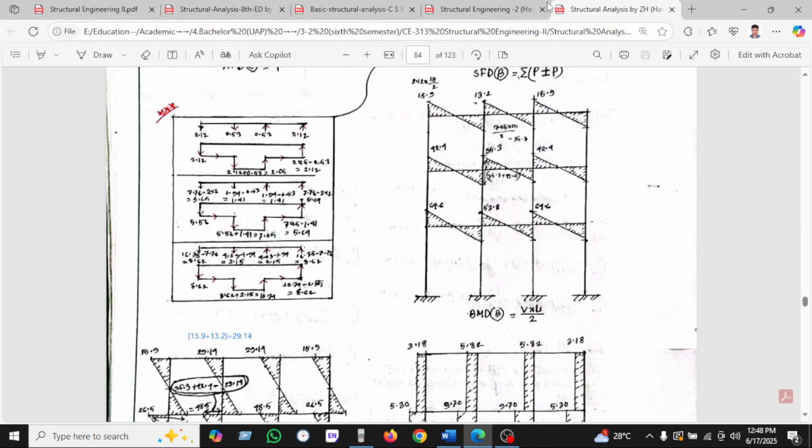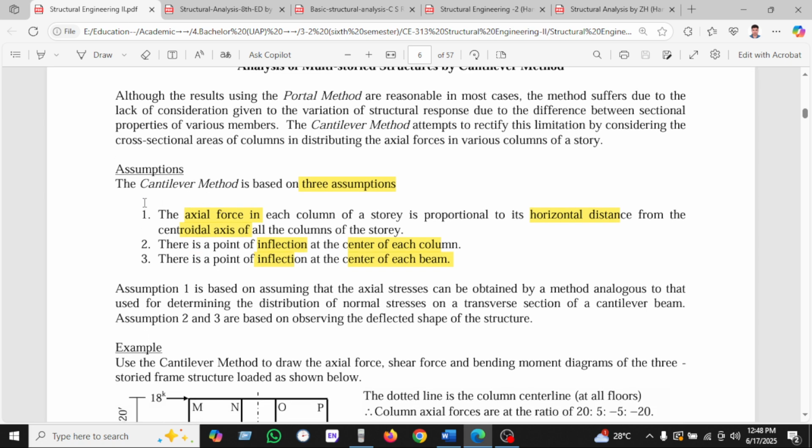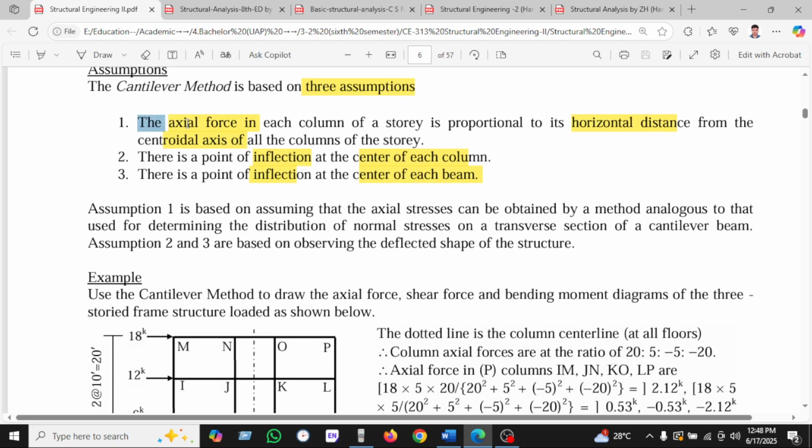Okay, so we can see here from Iftikhar Anam sir that the cantilever method has three assumptions. He also gives the same assumptions. Firstly, the axial force of each column is proportional to the horizontal distance from the centroidal axis of the columns of the story.